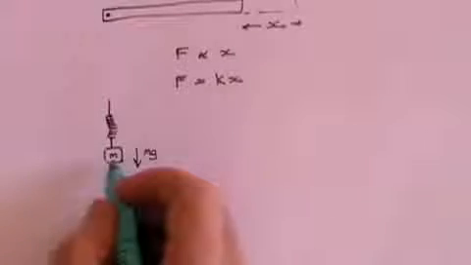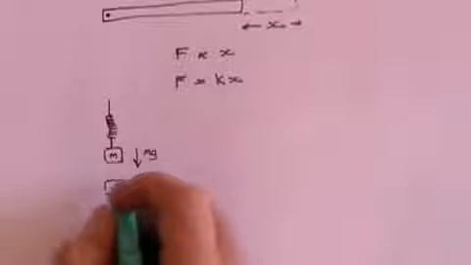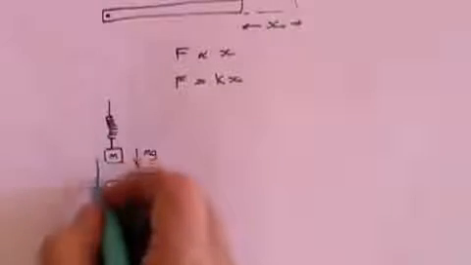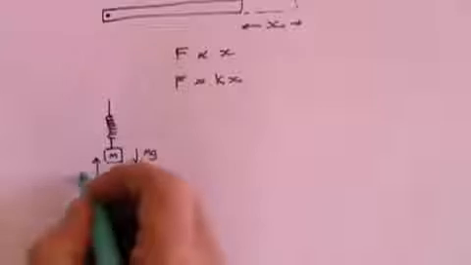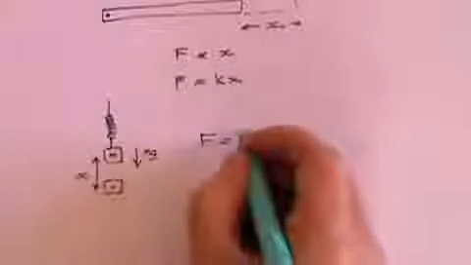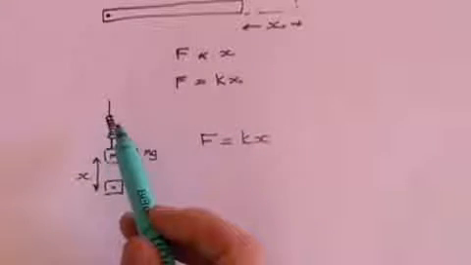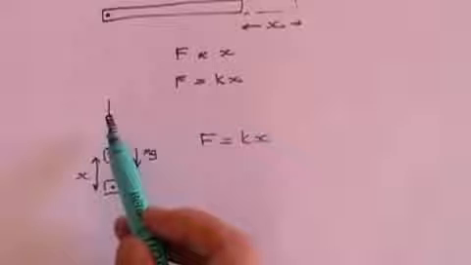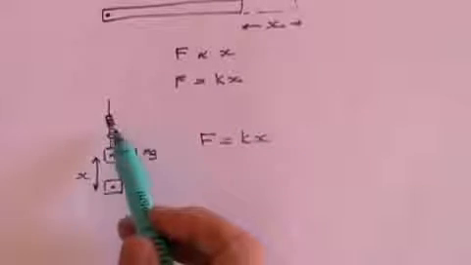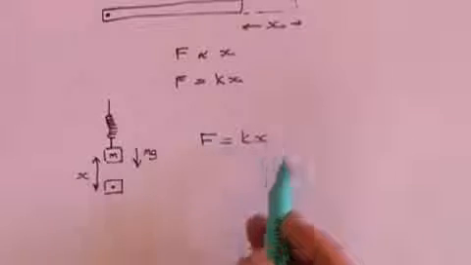And what will happen is that that mass will go down to a new position here. It will go down by a distance x. And once again, the force is equal to k times x, where k is the spring constant. It relates specifically to that spring. The greater the force, the greater the extension.